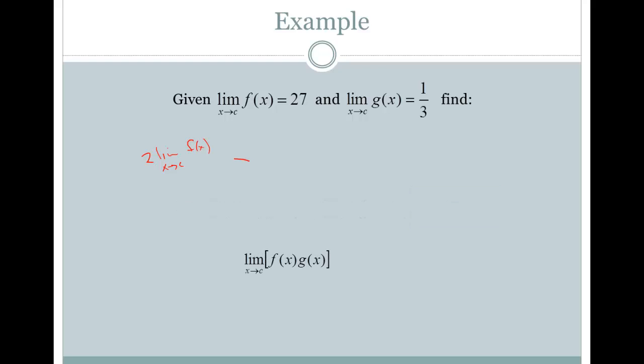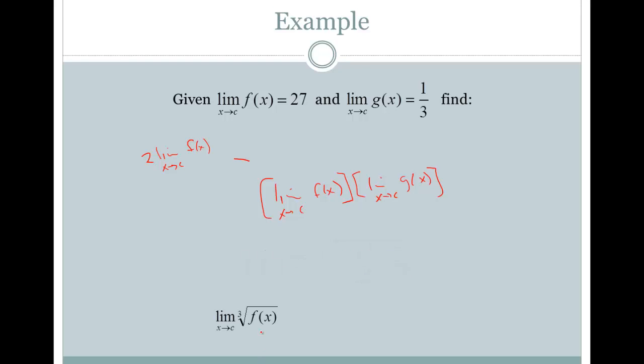Okay. f of x times g of x. Again, I can rewrite that as the limit as x approaches c of f of x times the limit as x approaches c of g of x, like that, and I get 27 times a third, or just 9.